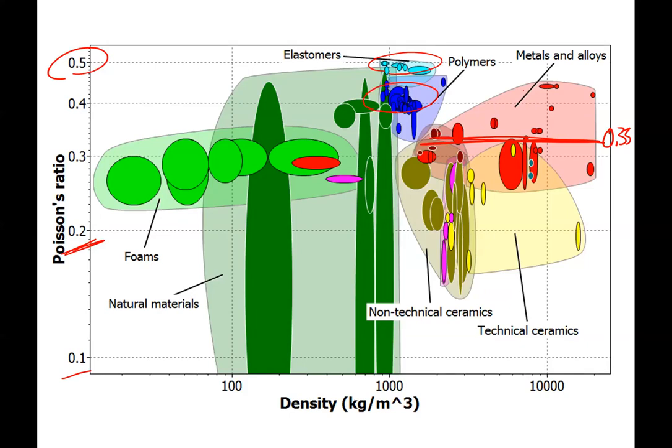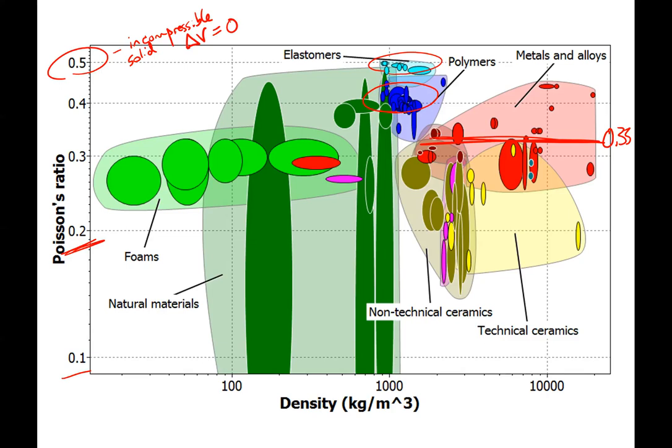So what's the significance of these values? This 0.5 value is the case for an incompressible solid. This is where the change in volume is essentially 0. So ideally, right at 0.5, the amount that you stretch the sample in the one dimension will get countered by the amount that it's contracting laterally, so that the overall volume of the sample does not change.